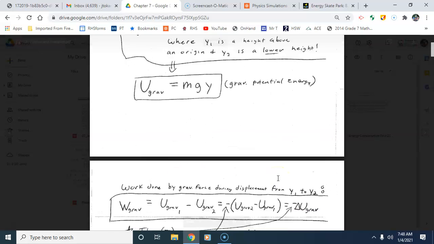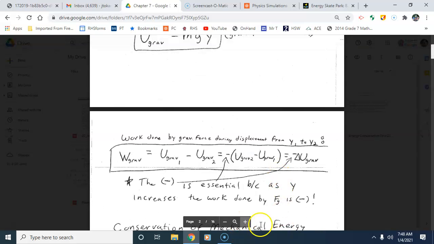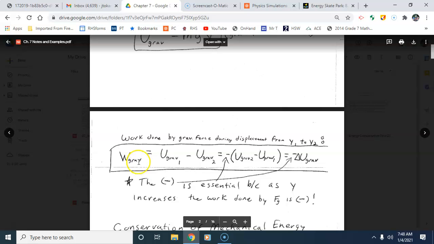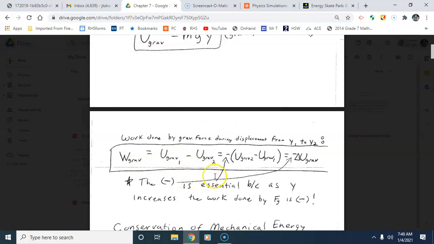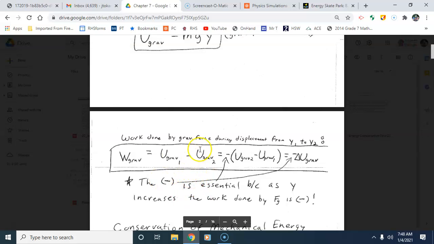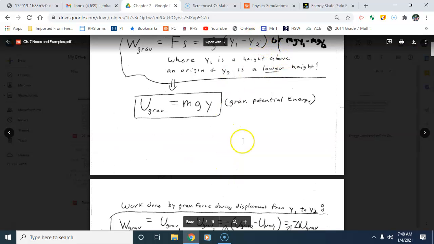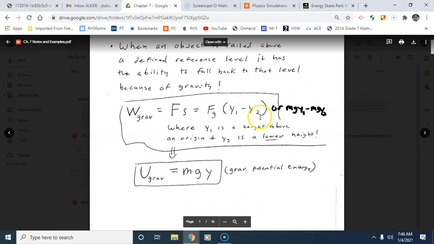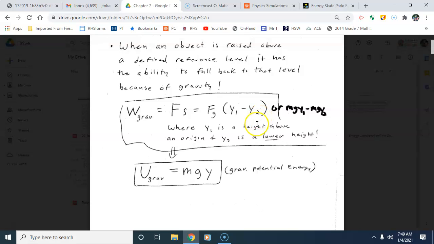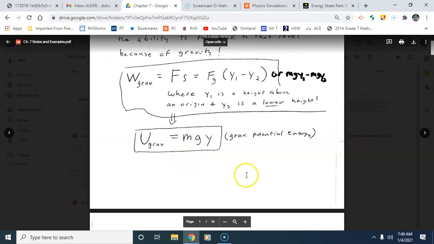And another secondary way to think of it, now that we know how these two are related, is that the work done by gravity could be found by the negative change in potential energy due to gravity. And why it's negative is because, remember, we said the signs flipped. The work due to gravity would be, again using my numbers from my example, negative 400 joules, but the potential energy stored would be positive 400 joules.